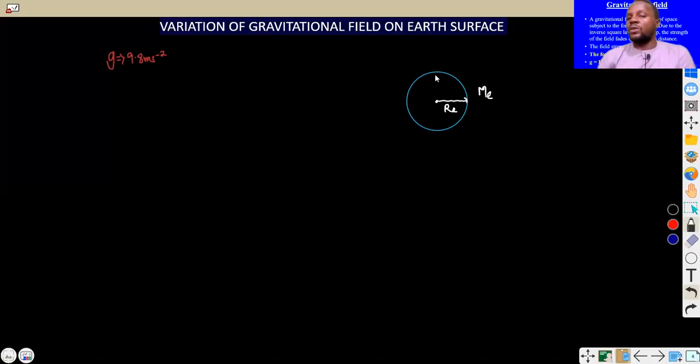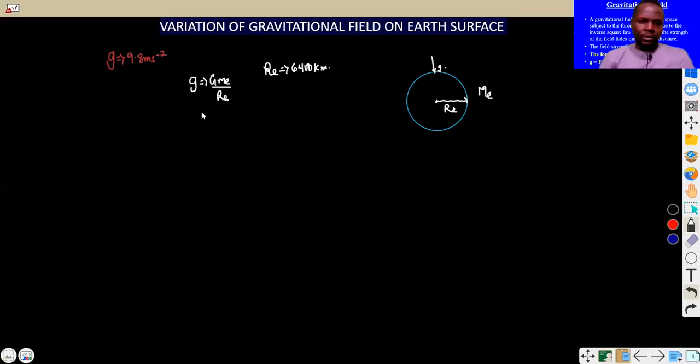And we know that gravitational force acts in this direction. From what we have studied, G is given as G, mass of the Earth ME, divided by RE squared. And from constant parameters, RE is always given as 6,400 kilometers.